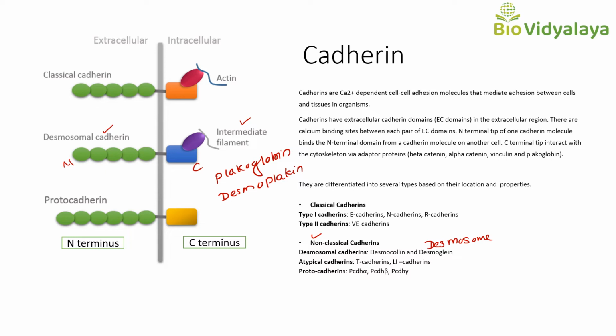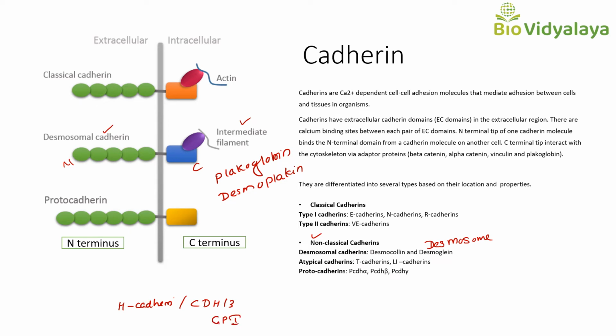And next are atypical cadherins: T cadherin and LI cadherin. T cadherin is also known as H cadherin or cadherin 13, CDH13. This T cadherin lacks transmembrane and cytoplasmic domains, and it is anchored to the cell membrane through a GPI anchor.